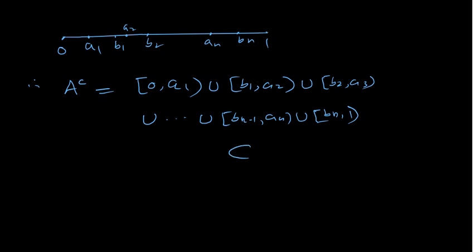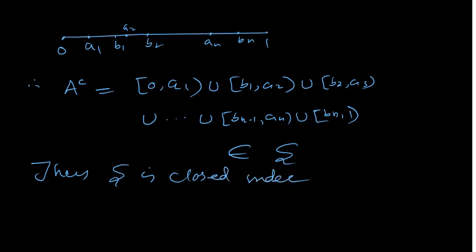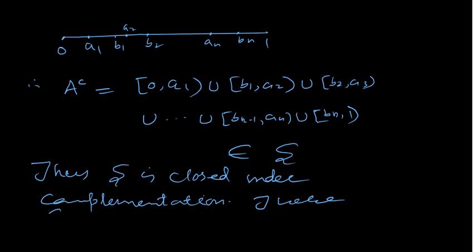So it's obviously it belongs to S because it is a finite union of the sets of the form semi-closed interval AB. So thus this S is closed. Thus S is closed under complementation. So therefore S is an algebra.